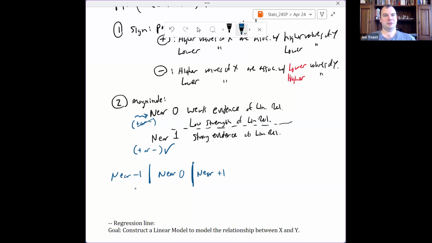Near negative 1, strong evidence of a linear relationship, and it's in the opposite sense: higher values of x are associated with lower values of y, and vice versa. And a correlation near positive 1, again, strong evidence of a linear relationship, but now in the same direction: higher values of x are associated with higher values of y, and lower with lower. So these are our 3 scenarios of interest.